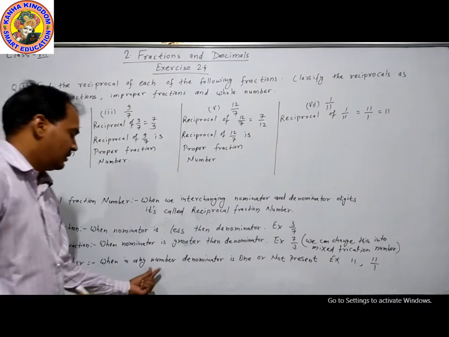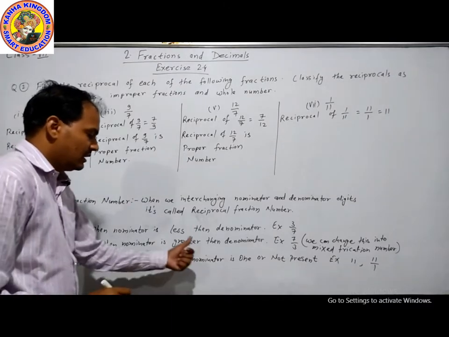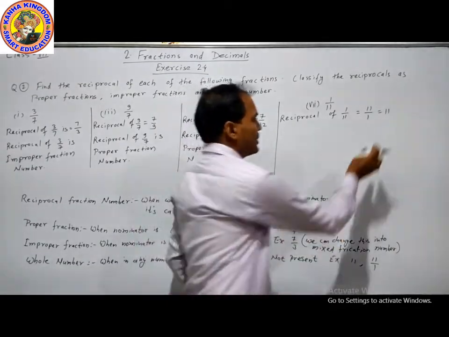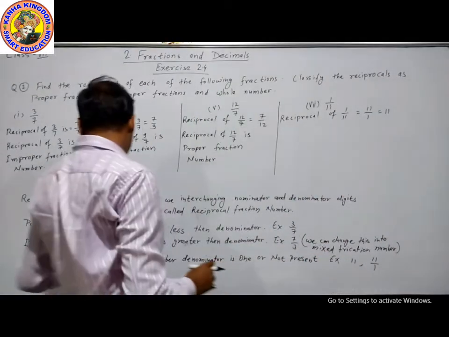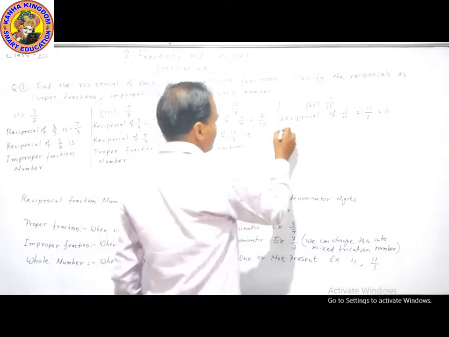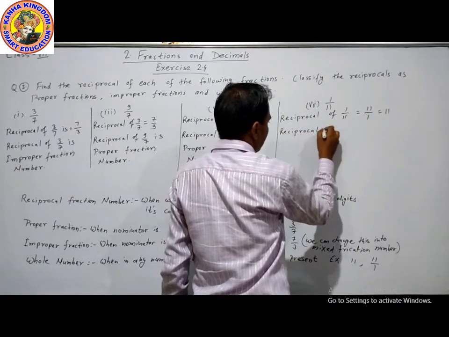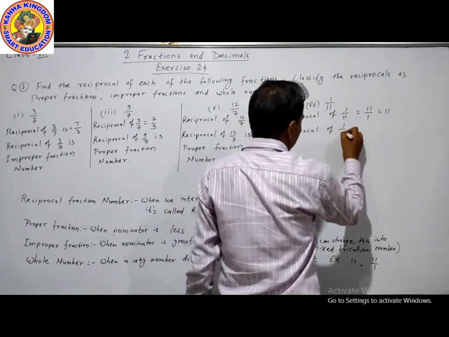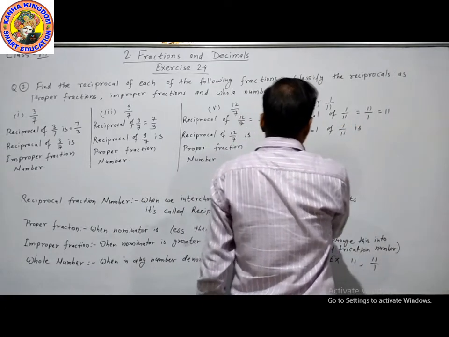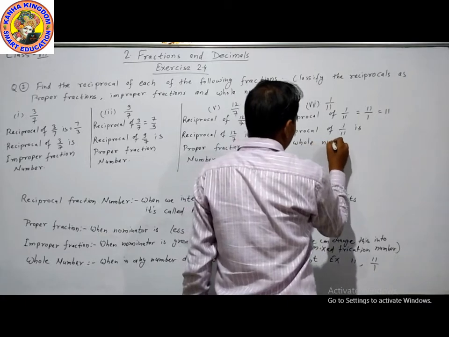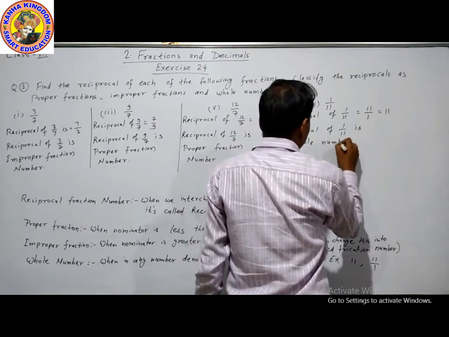When in any number denominator is 1 or not present, then this is called whole number. Reciprocal of 1 by 11 is a whole number.